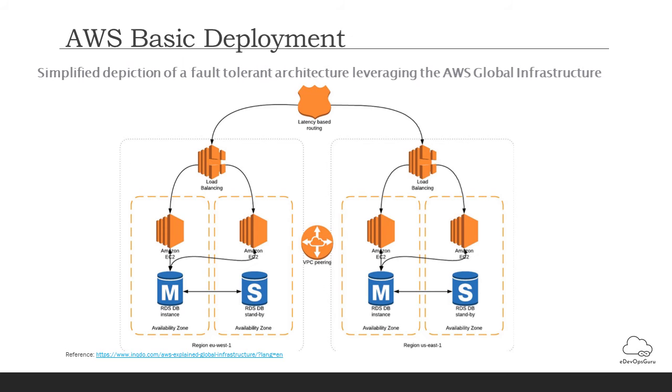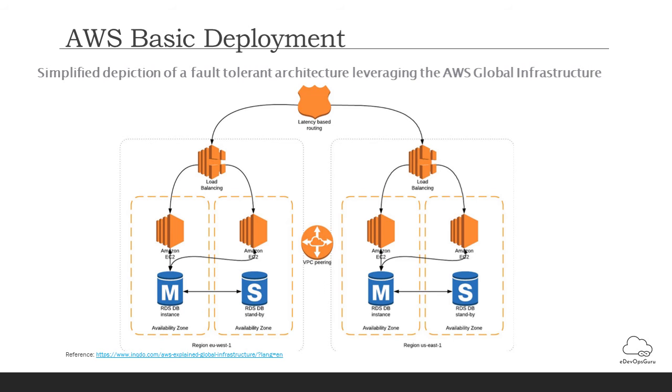Now we will discuss AWS basic deployment. This is the pictorial view of a fault-tolerant architecture using the AWS global infrastructure. Here we have two different regions. One region is EU West 1, and on the right the second region is US East 1.